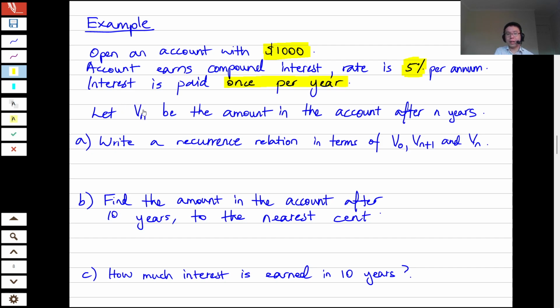I'm going to define Vn, a sequence, to be the amount in the account after n years. So at the start, it's V0. After 1 year, V1. After 5 years, V5. After 10 years, V10. The first question asks for a recurrence relation.